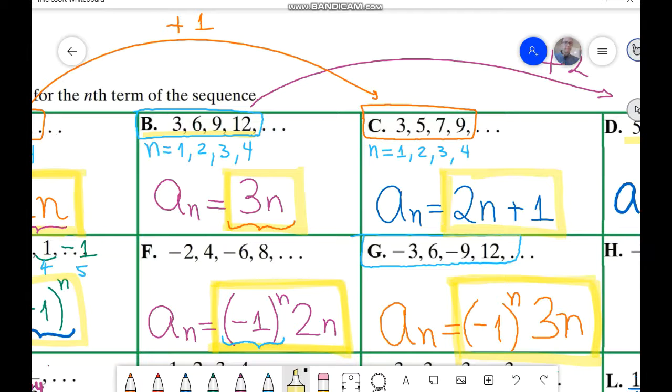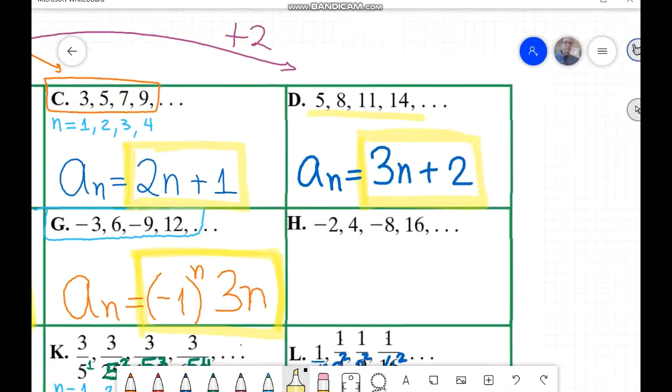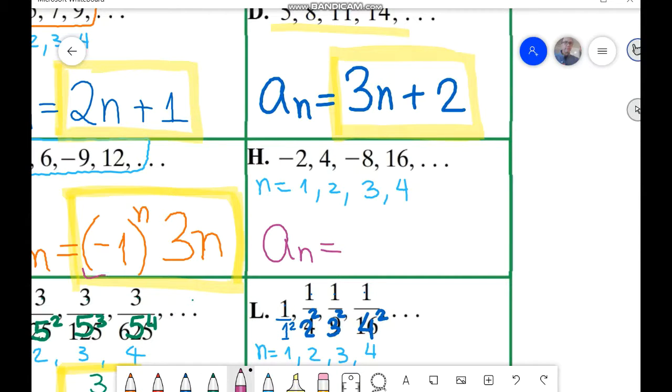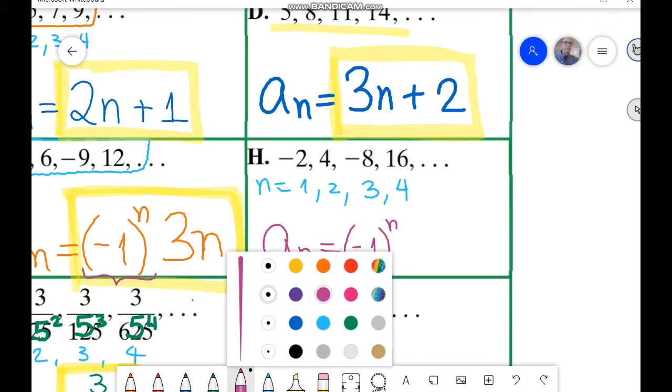Letter H. Let's check here, letter H. Alternating sequence, so this is going to be automatic. Compare with n. The first thing you're going to do is write down this factor, (-1) exponent n, always if you have an alternating sequence. And now let's try to make sense of these numbers, because we have 2, and we can say 2 is 2 exponent 1.